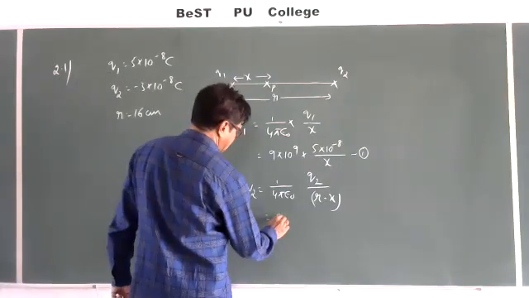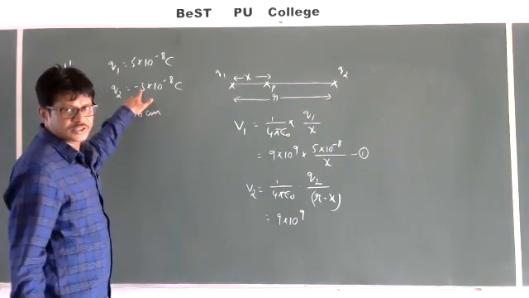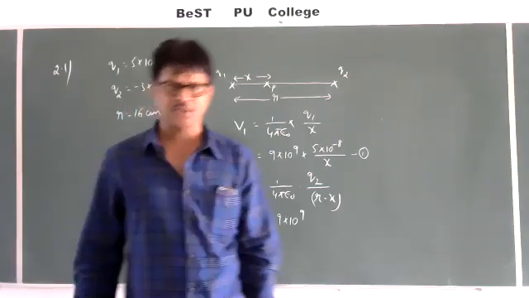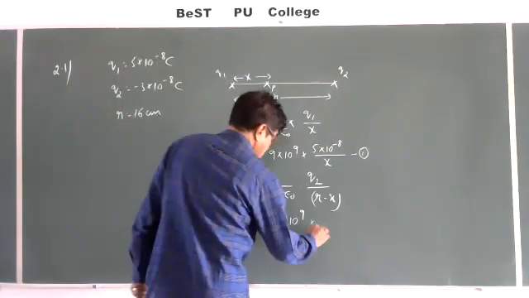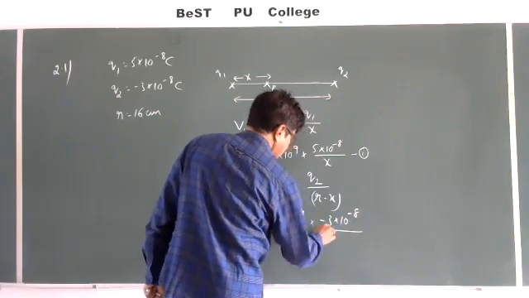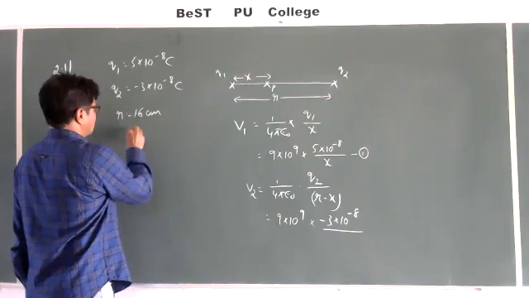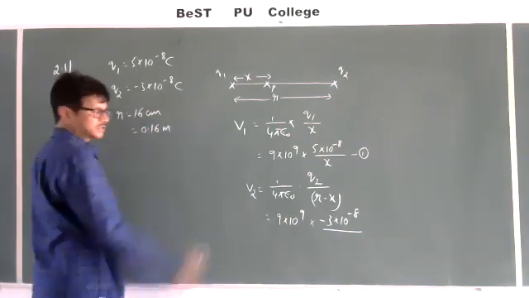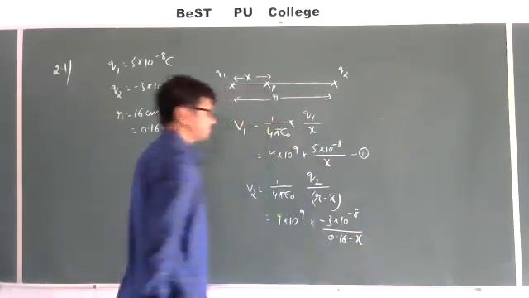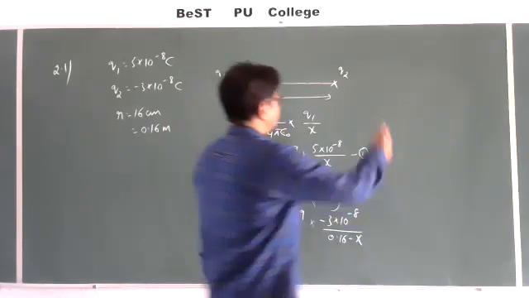Now which is equal to 9 into 10 to the power of 9 times Q2 value. As we discussed, if charge is negative, we have to consider negative only, because the potential due to negative charge is negative potential. So minus 3 into 10 to the power of minus 8 divided by r minus x. R is in centimeter. If you convert into meters, 0.16. So I can write it as 0.16 minus x.